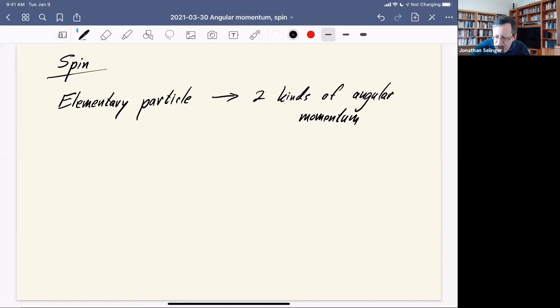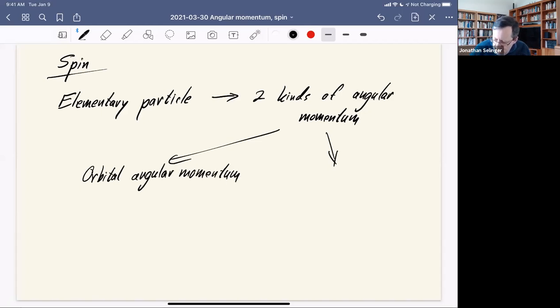Okay. And typically, people refer to these things as orbital angular momentum and spin. And these things work in classical mechanics, right?